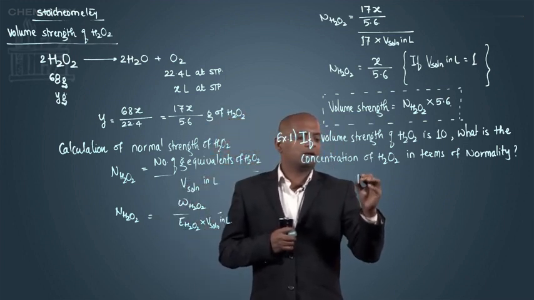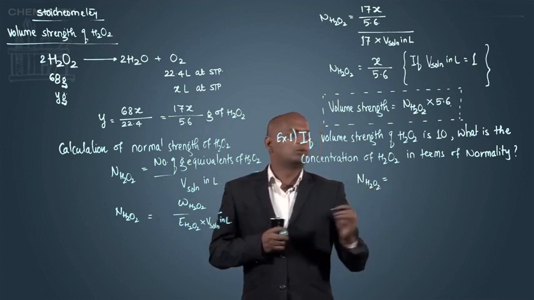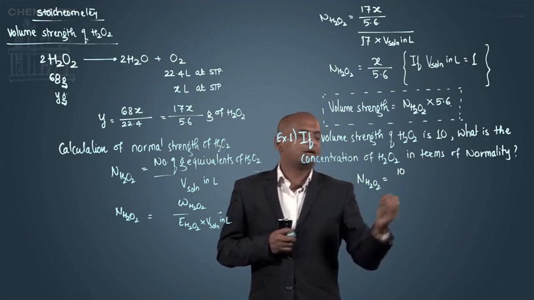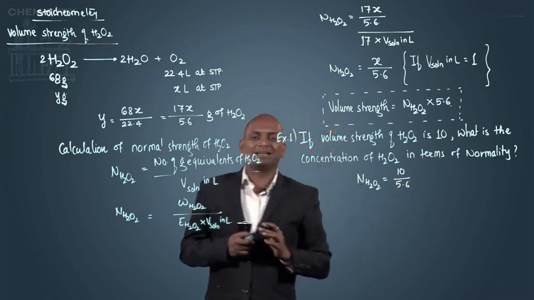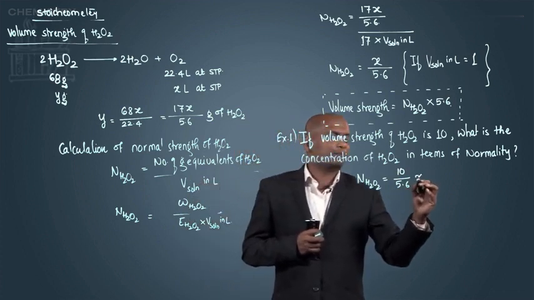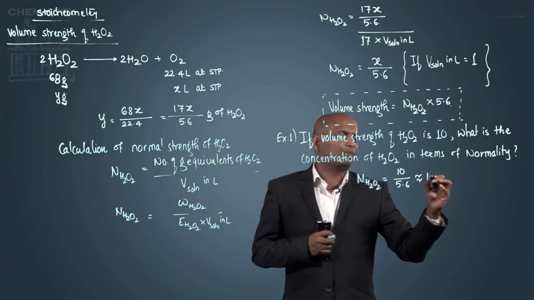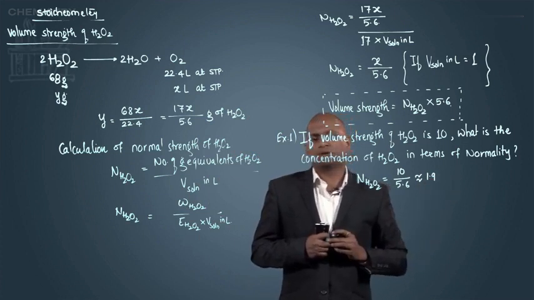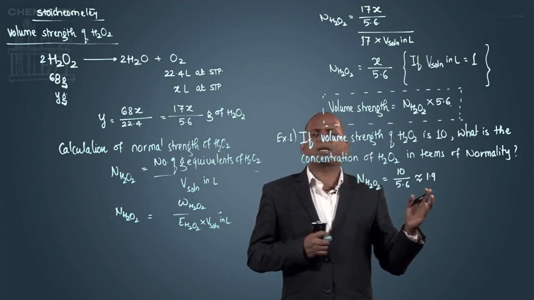Normality of H2O2 is equal to volume strength 10 divided by 5.6. If I consider this approximately 6, the answer comes to 1.9 something. So, the normality is approximately 1.9.